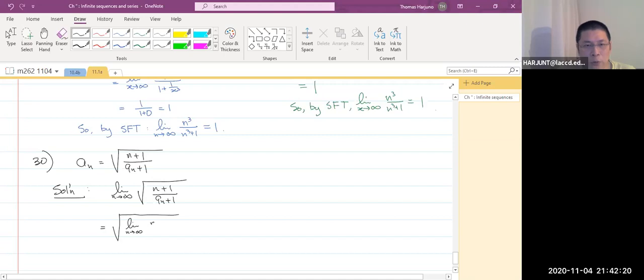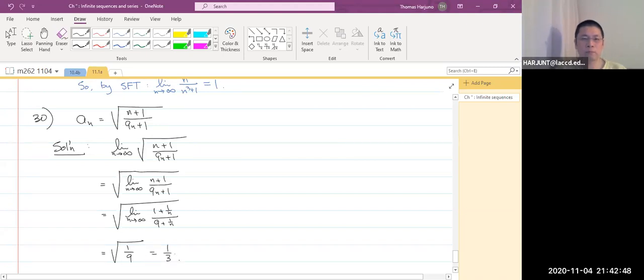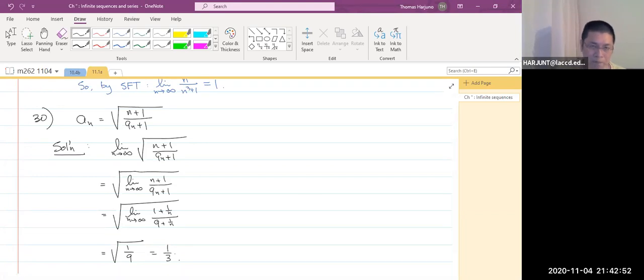Now you don't have to do it in this order though. The main key step is dividing the numerator and denominator by n. So it becomes 1 plus 1 over n, over 9 plus 1 over n. That will be the square root of 1 over 9, which is 1/3. I think you can just keep the limit outside and you are fine.